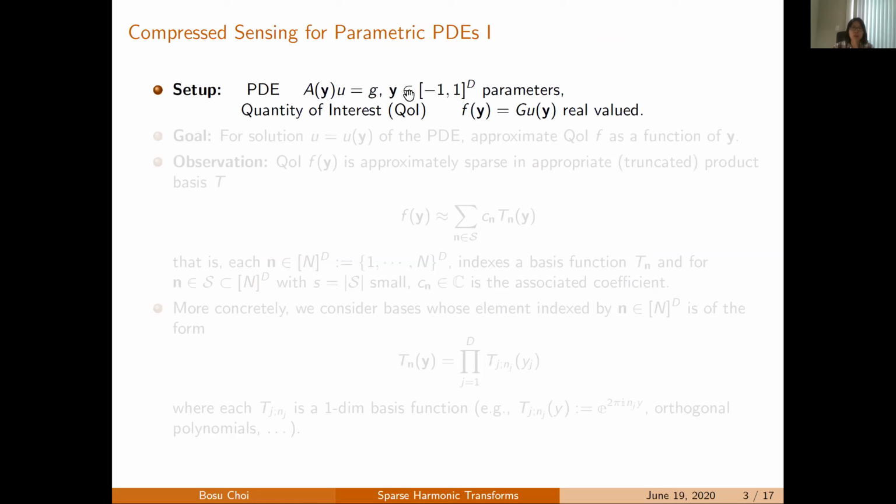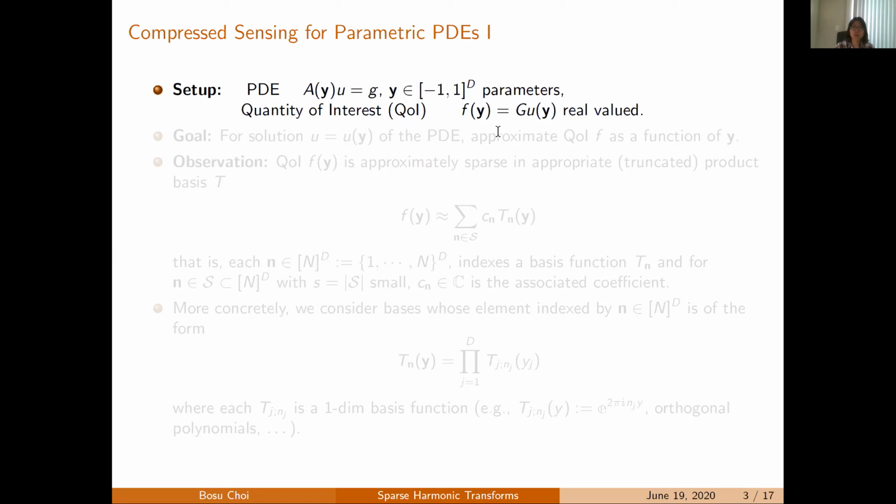As y changes, your partial differential operator changes, and accordingly your solution u changes. What we are interested in is some quantity of interest depending on the solution. We can interpret this as a functional on the solution u. Then eventually we can consider this as a function of the parameter y.